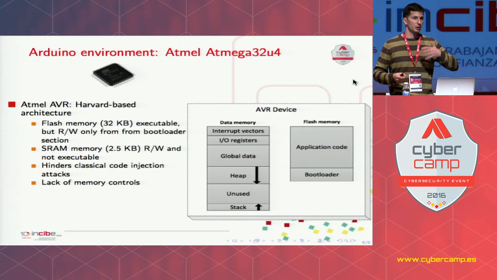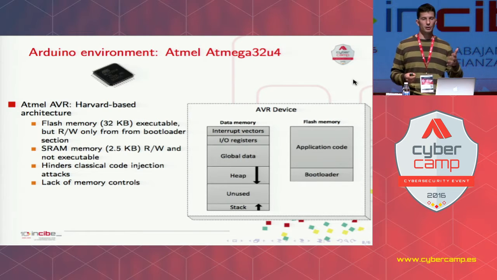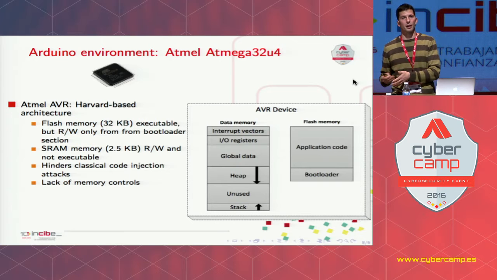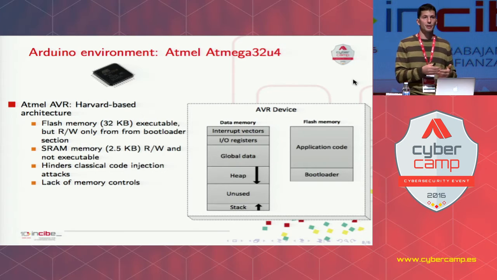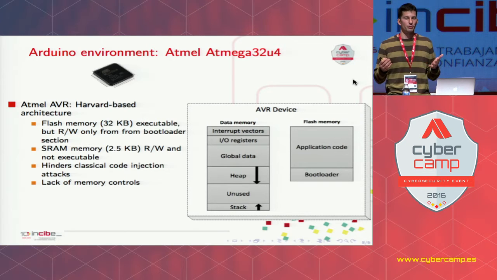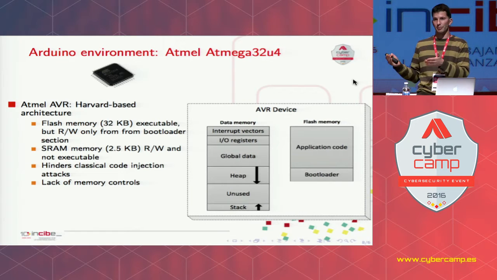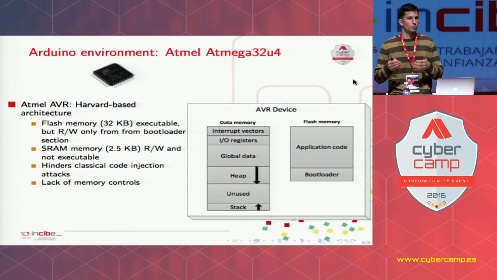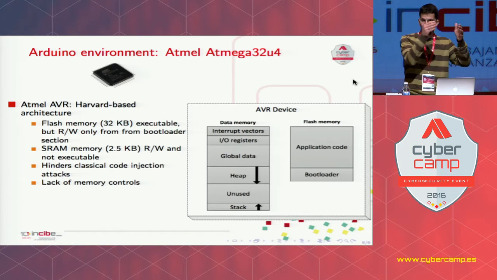And then in the case of the RAM memory, it has the code, the data, heap, stack, and here it is not executable. It can only be read or written. This is, as has been said here this morning, a data execution prevention measure.